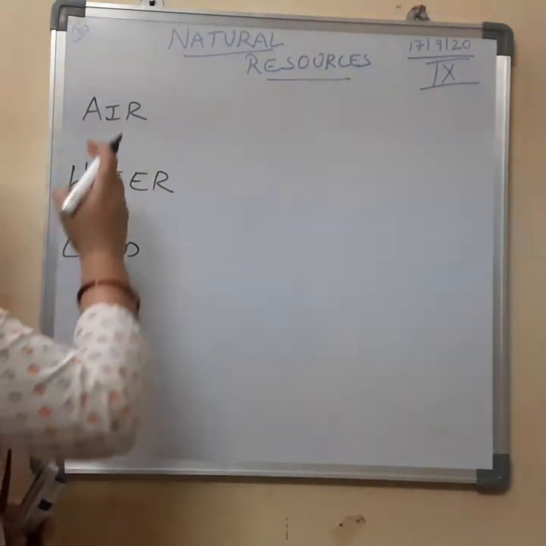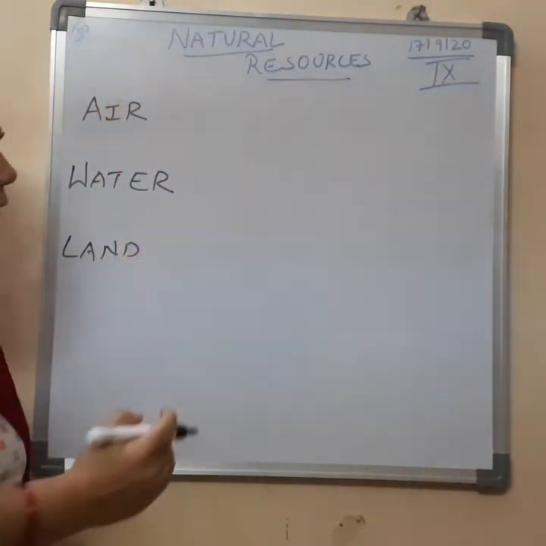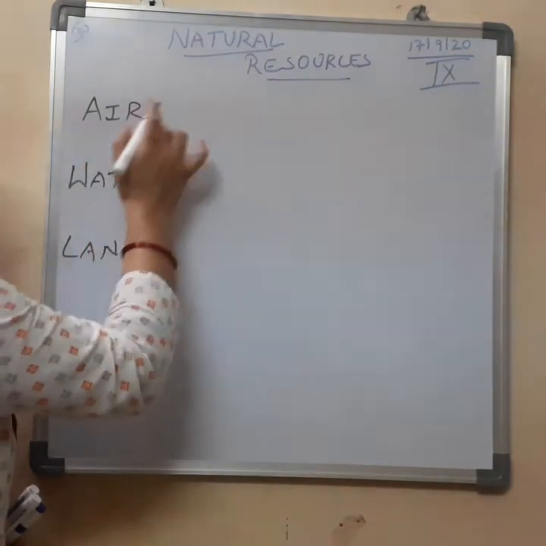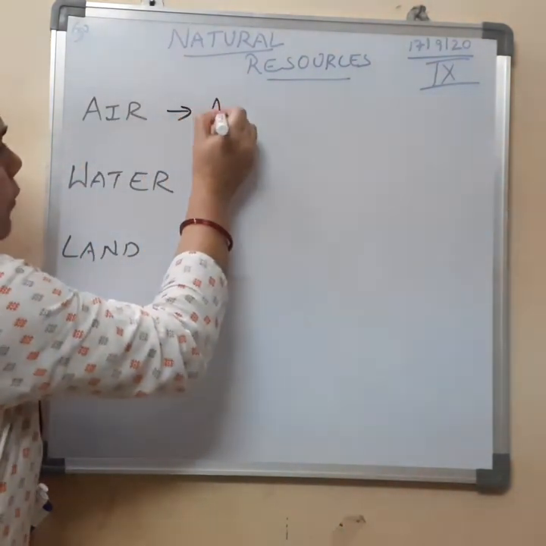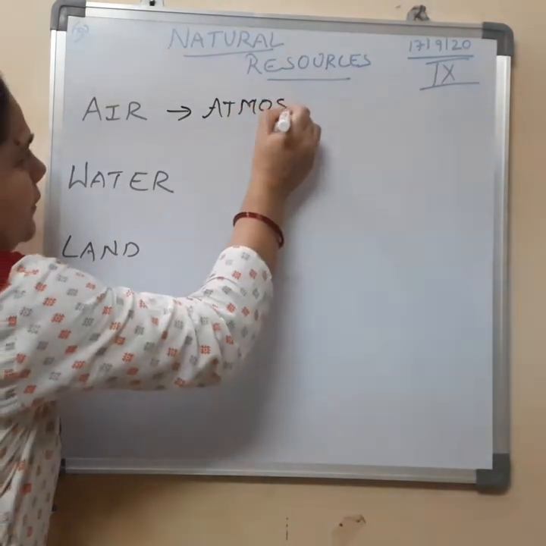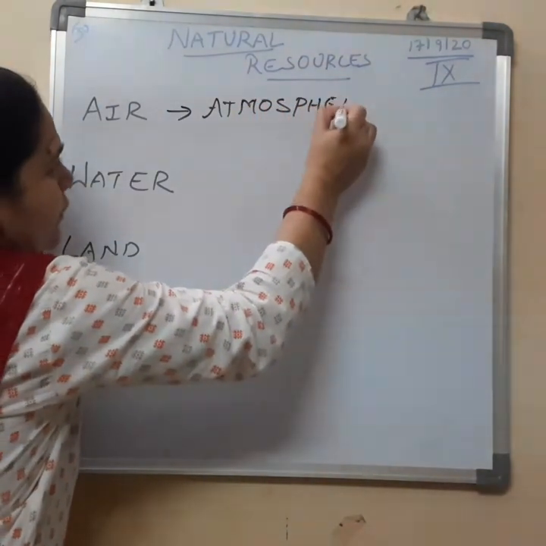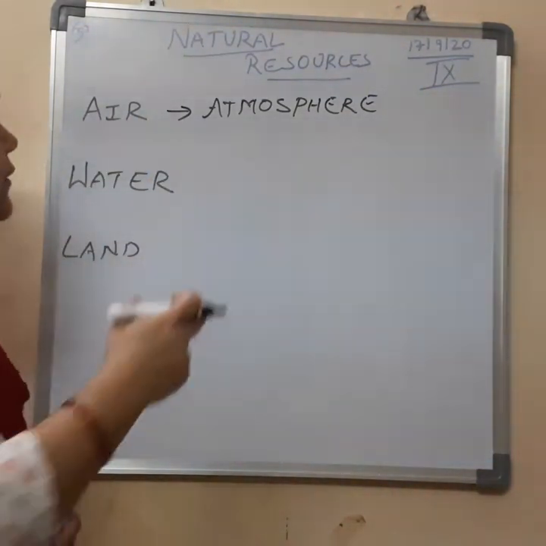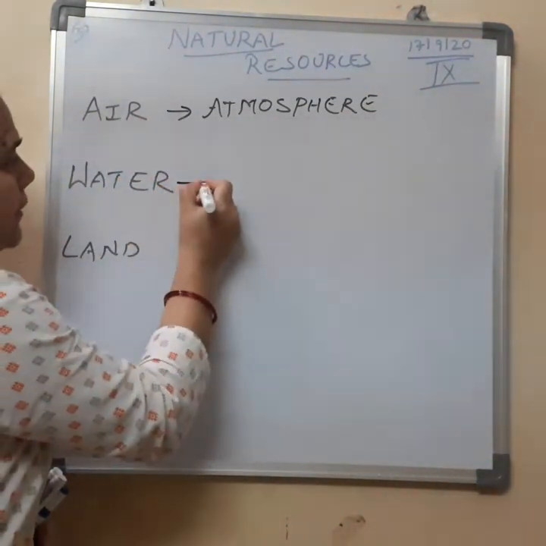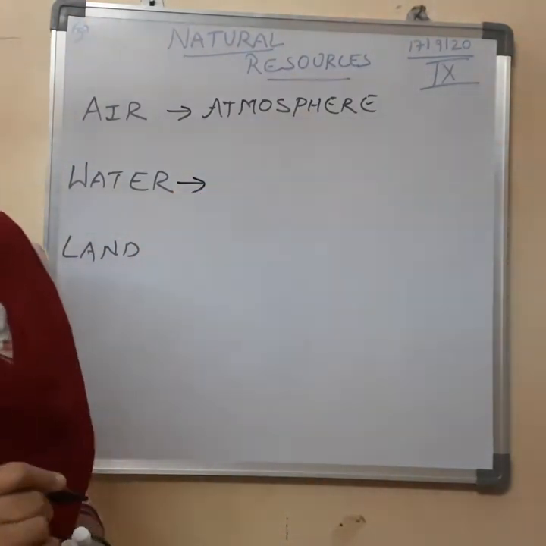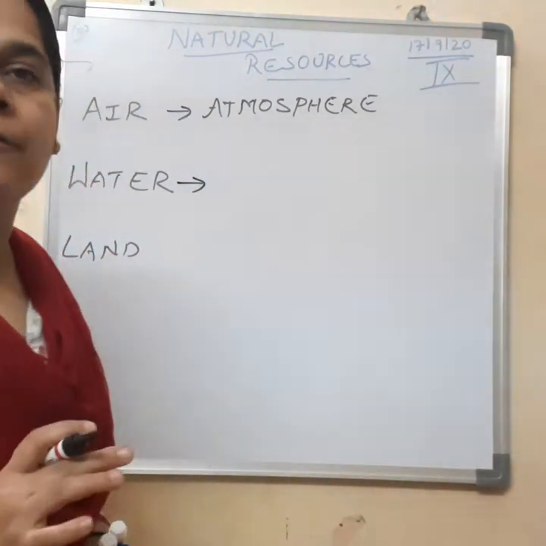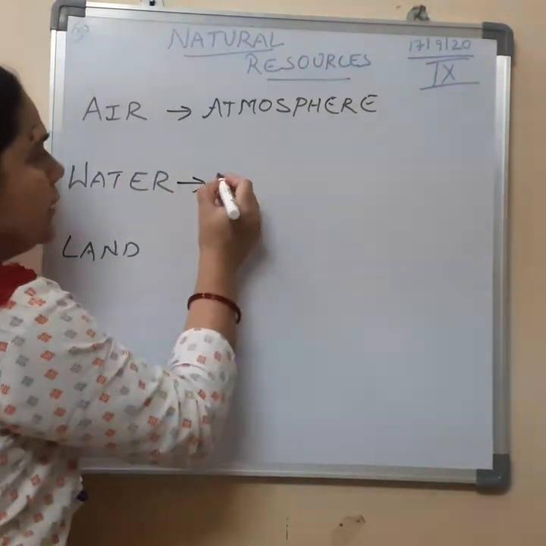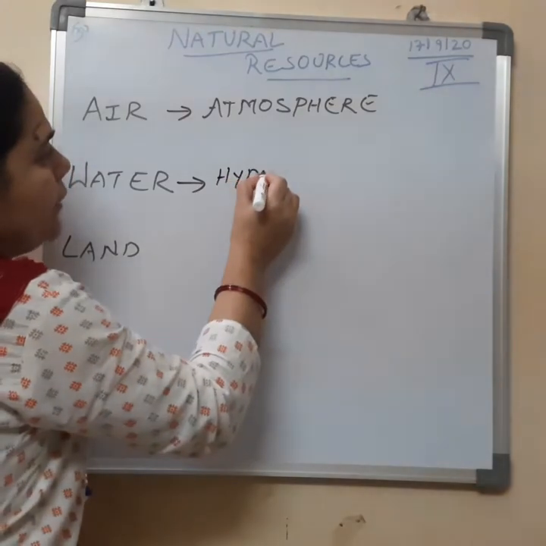So now these air, water, land form certain layers of our earth. So the layer where air is present is called what? Atmosphere. So the layer of air which is surrounding the earth is called atmosphere. Then we all know that earth's 75% is covered by what, children? Water. Okay. So this water forms a portion of the earth which is termed as hydrosphere.